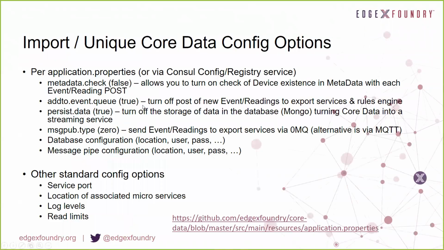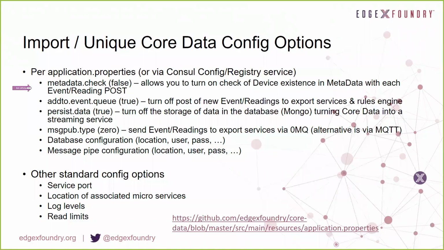Let me wrap up our discussion of core data by giving you some information about configuration. If you're going to bring up core data, there are some configuration elements out there that have default settings, but you may want to adjust or configure them slightly differently for your particular needs and use cases. For example, one of the important and unique core data configurations is, as I mentioned, an ability to turn that metadata check on and off for the device ID.